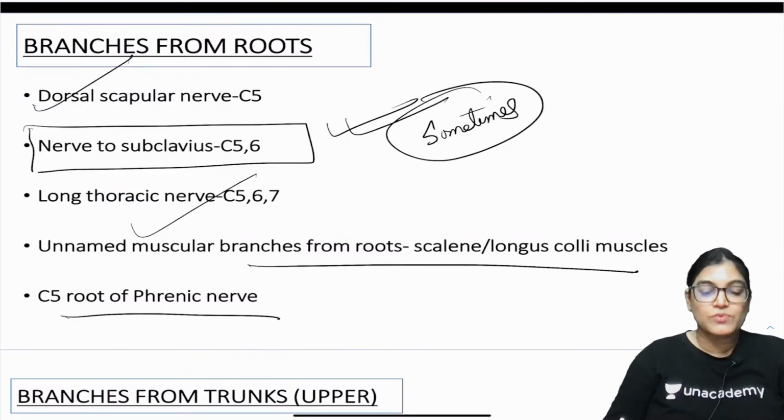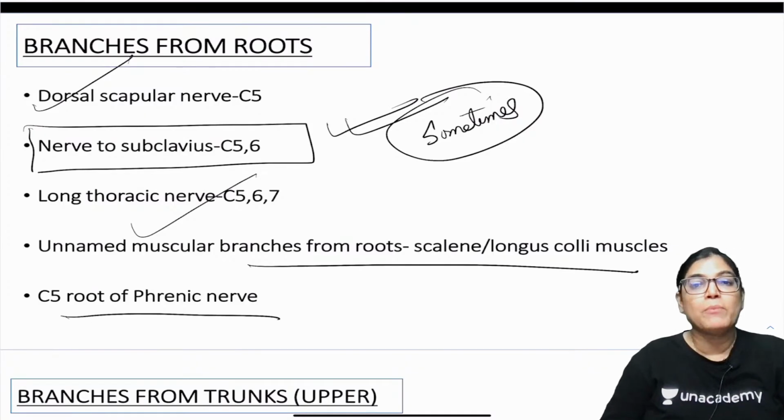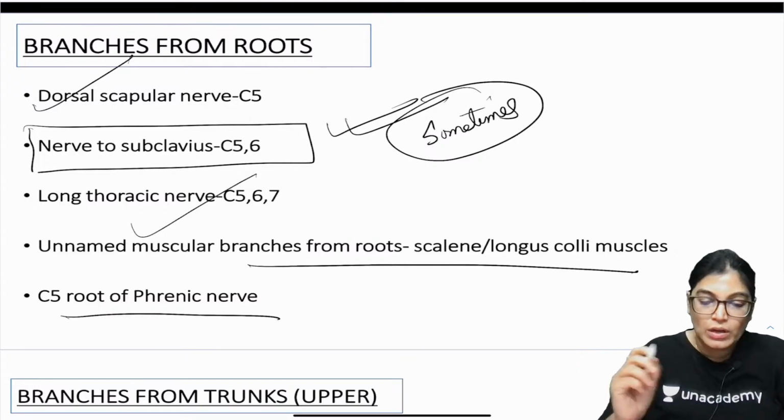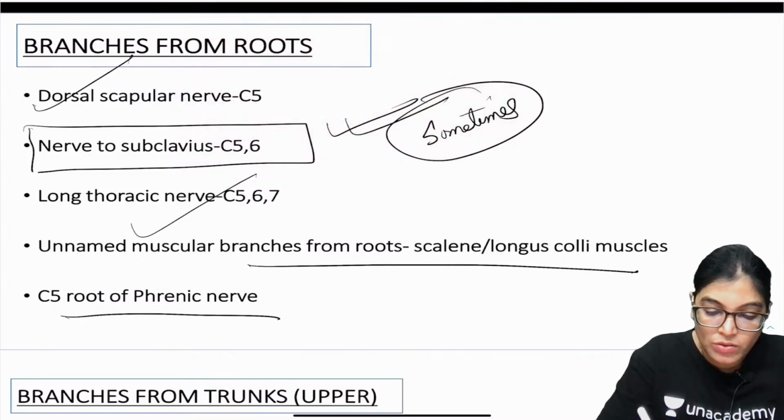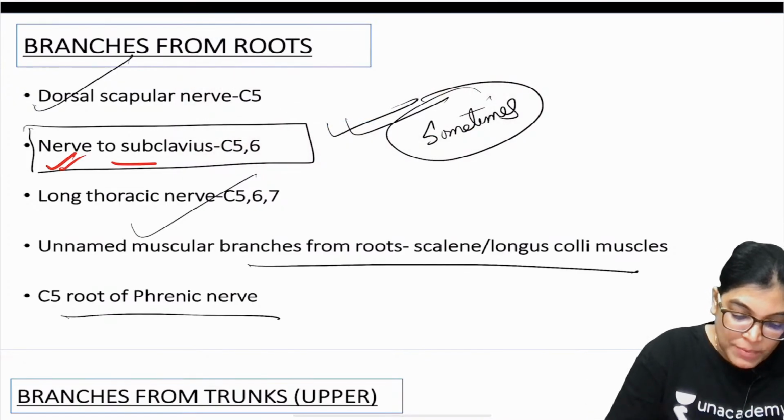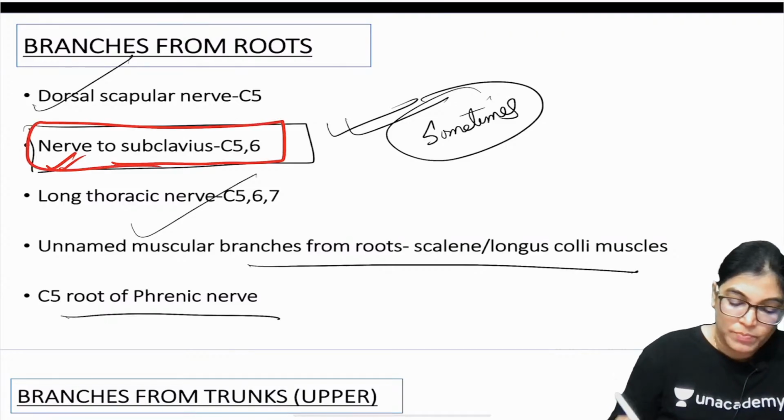So all these which I have written are the branches from the root. So if this point is asked in an MCQ, you can note down this point. Write down this: sometimes nerve to subclavius can be a branch from the root.